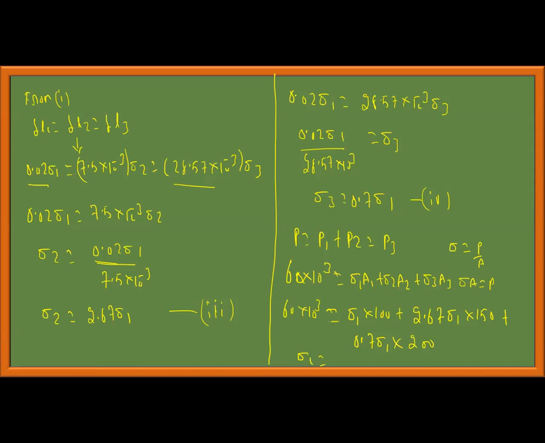Check it properly. 93.67. How much? 93.67, it's right. Why are you making mistakes? You should not make mistakes in calculation. 93.67 Newton per mm square. Now we'll substitute in these formulas.